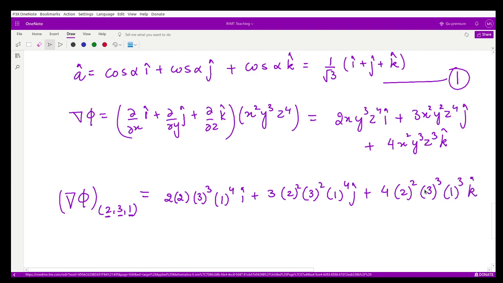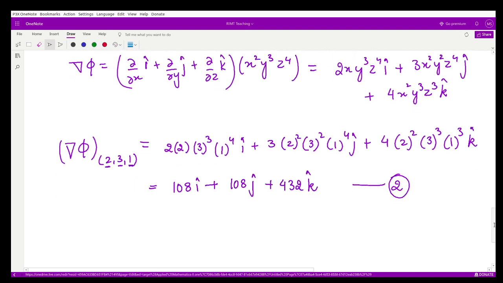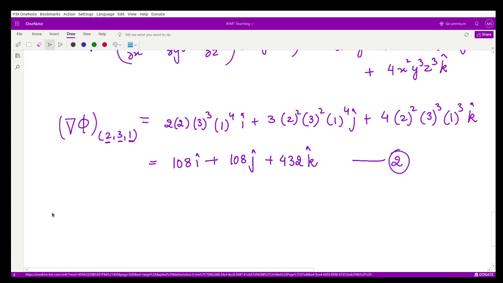So when you evaluate this quantity you end up with 108 i cap plus 108 j cap plus 432 k cap. So this is the vector that is required in order to calculate the directional derivative.